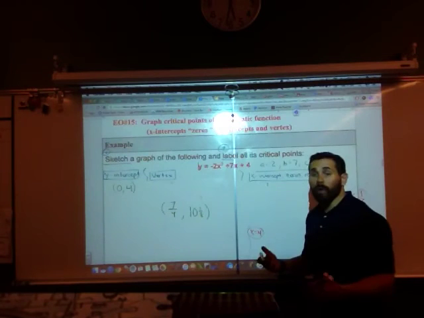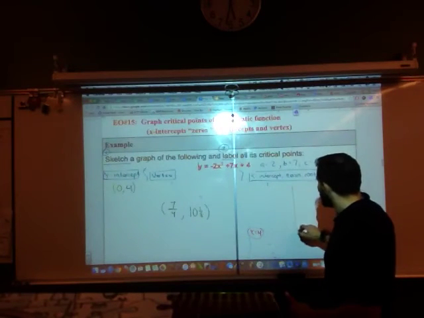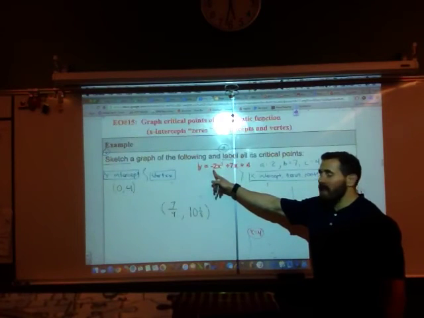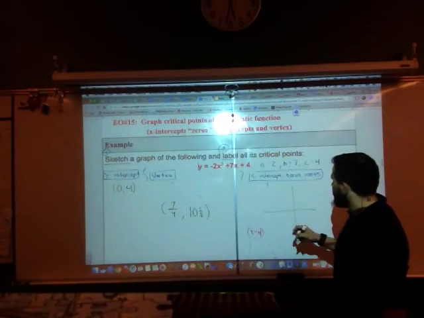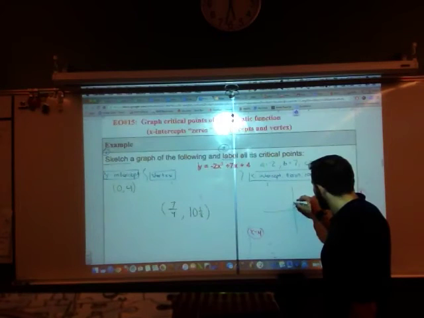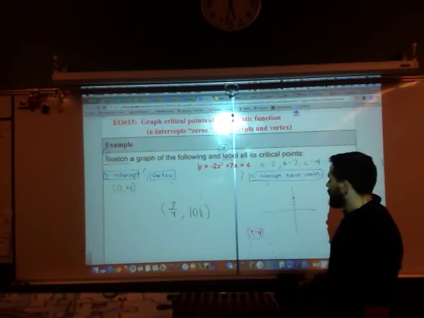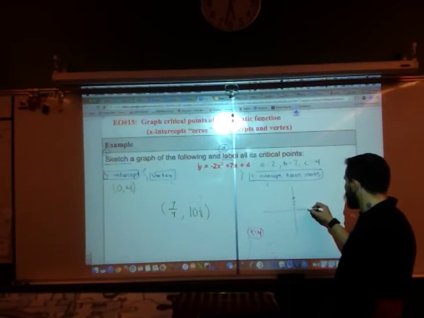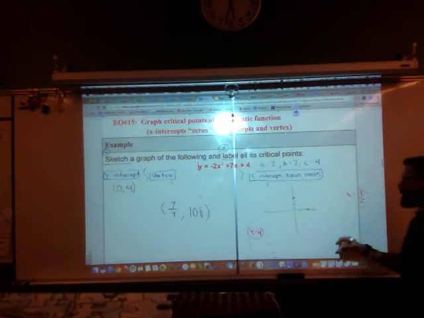I need just a really brief rough draft. It doesn't have to be perfect. This is going to be opening down because I have a negative a value. My y-intercept is at a 4. And I have an x-intercept at 4. I have another x-intercept at negative 1/2.